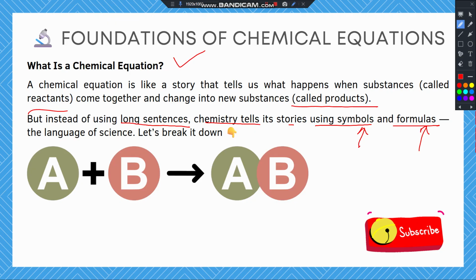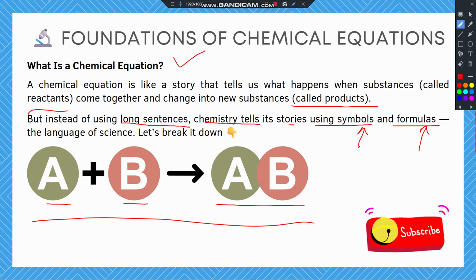Alright, so here is an example of what a chemical equation looks like. You can see on the screen right now at the bottom left corner, I have an illustration that shows reactants A plus B, A and B coming together to form a new product AB. Now you can see from the previous video we talked about the process whereby a chemical reaction happens and no new substances magically appear.